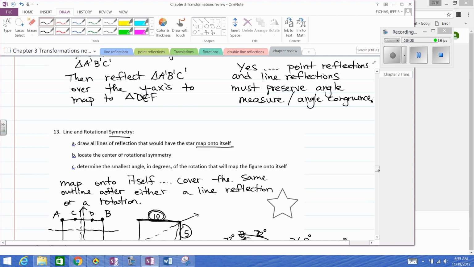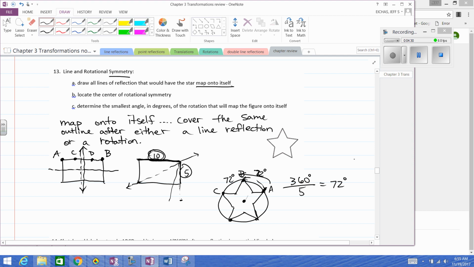Okay? So after that quick lesson, let's go and look at 13A. All the lines of reflection for this star. You're going to get 1 through every vertex, assuming, of course, all the sides and angles are identical, which they look like. We'll make that assumption right now. So those are all your lines of symmetry. Okay?